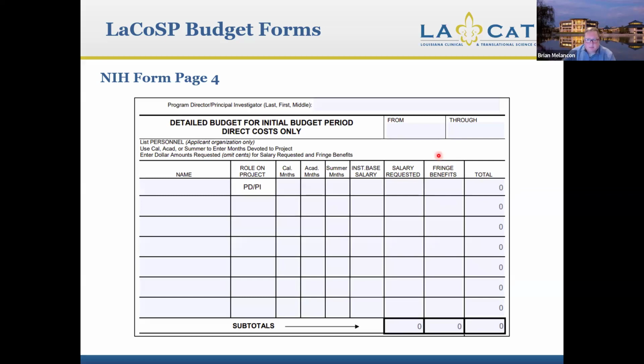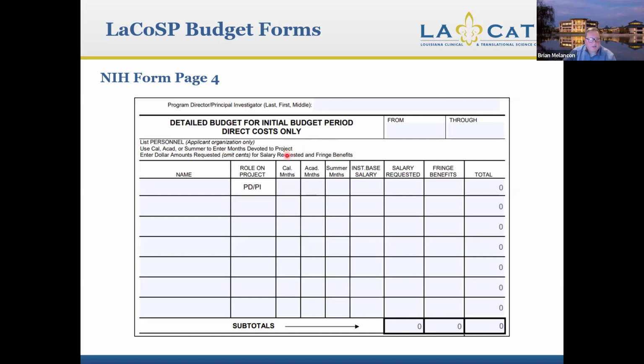So jumping back, if I will, just to clarify, calendar months, academic months, and summer months, this pertains to the type of appointment. Now, keep in mind, these are NIH forms, and a lot of the academic institutions that are involved have different appointments depending on the type of employee.